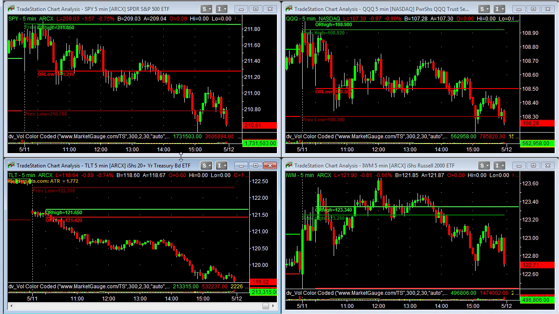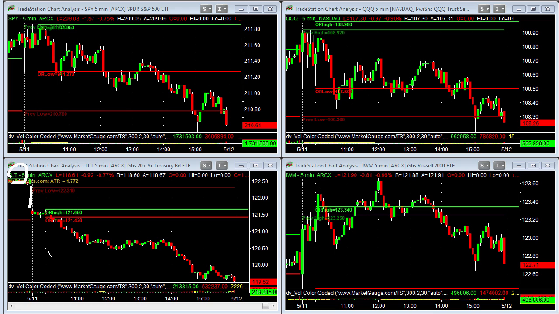All right, so we're looking at yesterday's price action, and we have the bonds over here, the TLT down here. So you can see they gapped lower. We're on a 5-minute chart, and the green line in each of these charts is the 30-minute opening range high.